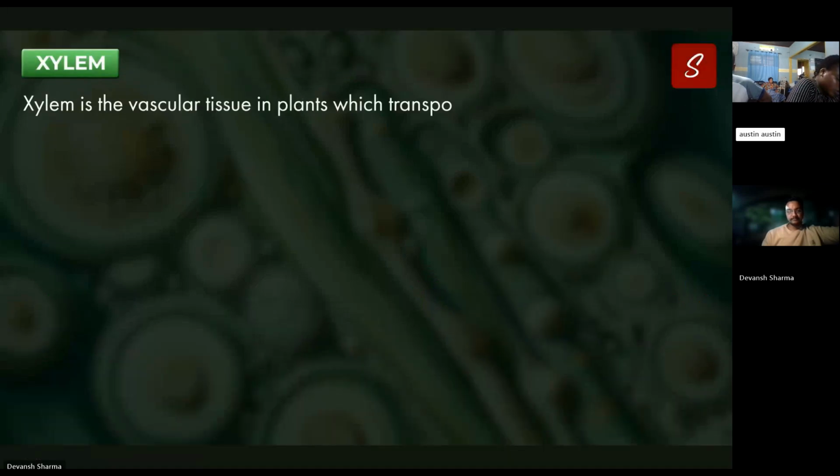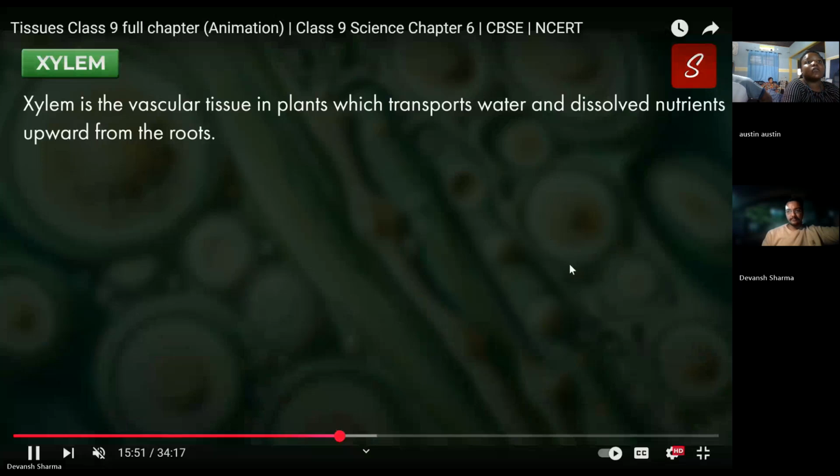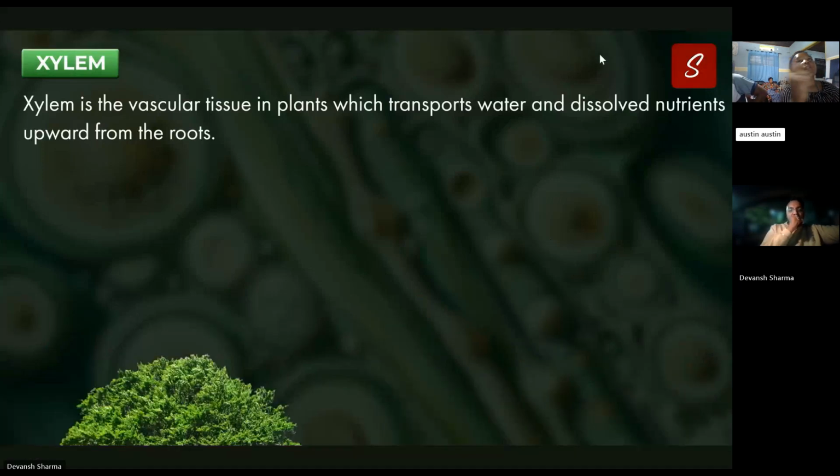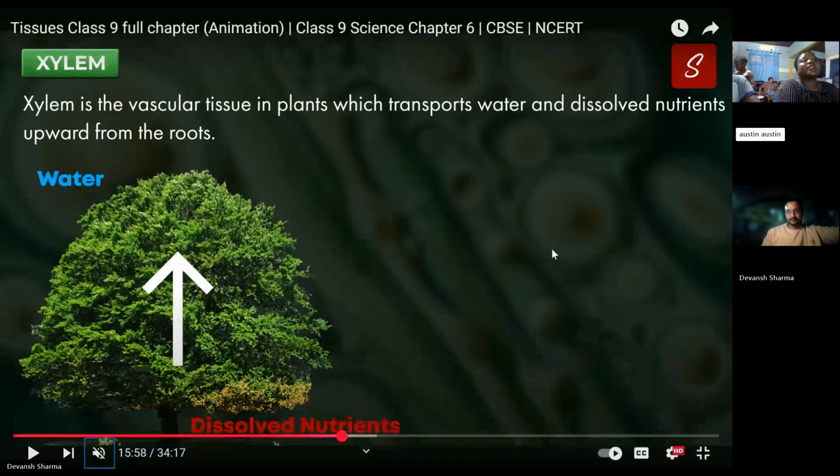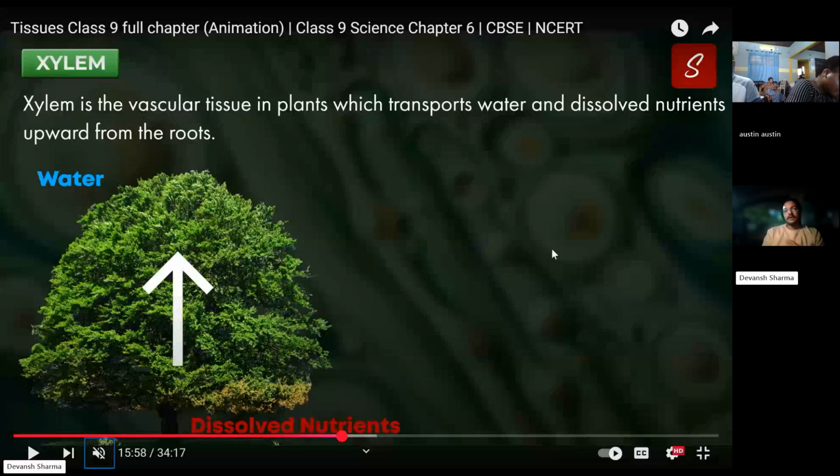Then give the heading xylem, and in xylem write this line: it is the vascular tissue in plants which transports water and dissolved nutrients upward from the roots.